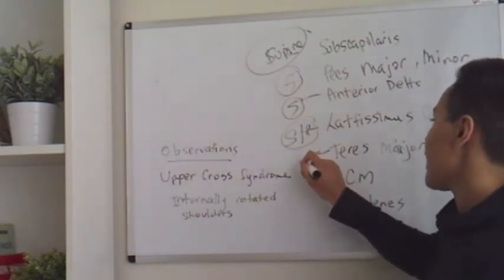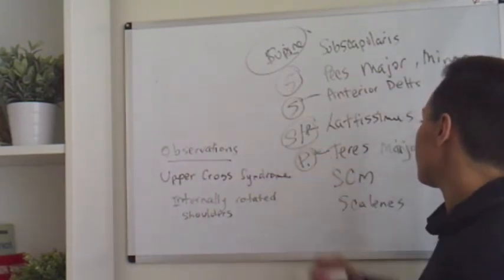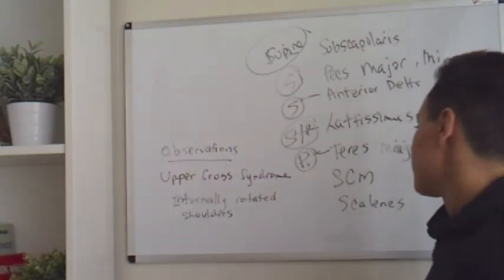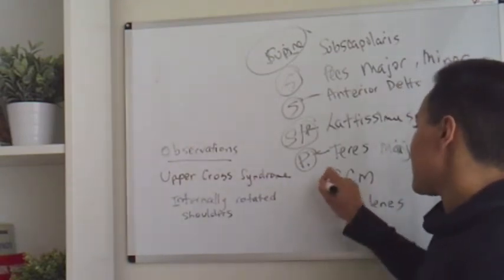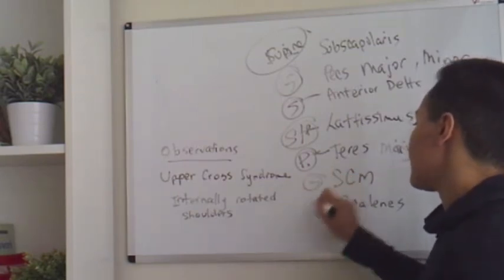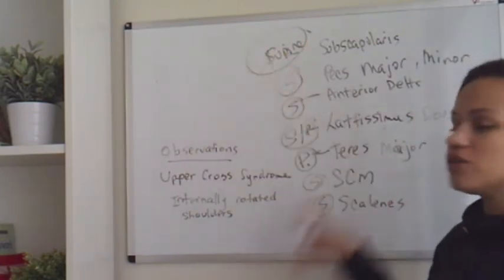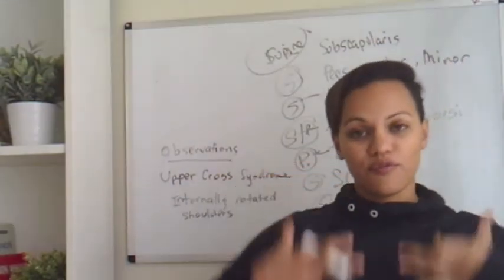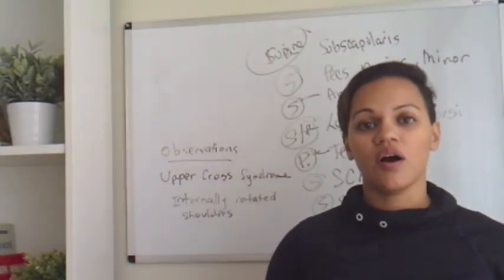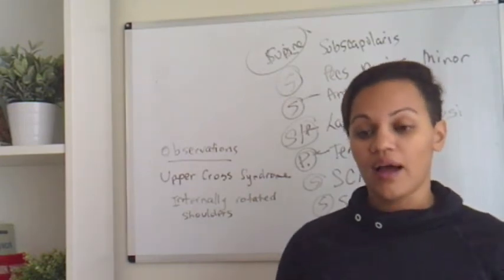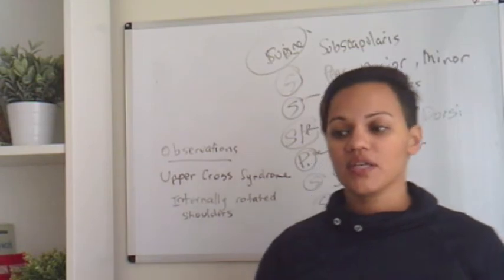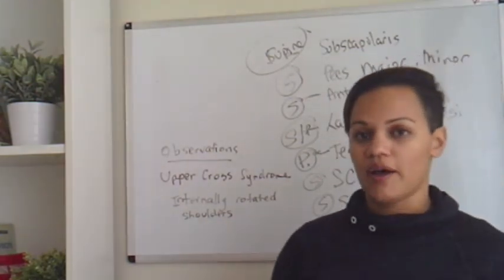Teres major, again, I can probably get to it prone. If I'm really in a pinch, I can get to it supine as well. SCM and scalenes are all supine. So as you can see, there's a lot of supine action going on. There's a lot of muscles in the frontal view of the body, right, of this client. So we're going to start supine. We're obviously going to be starting our treatment supine.